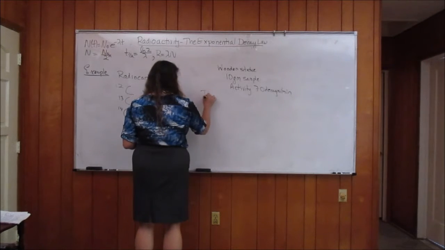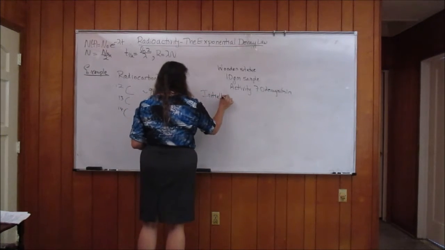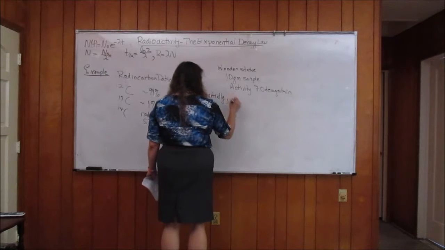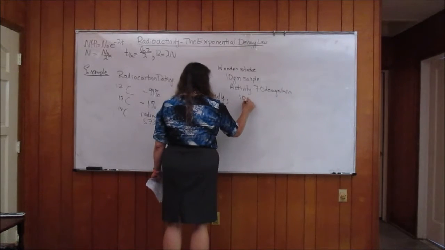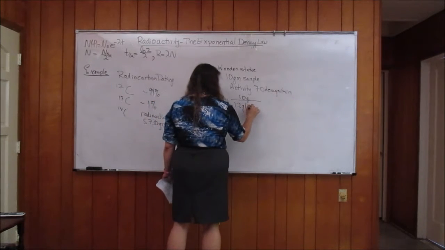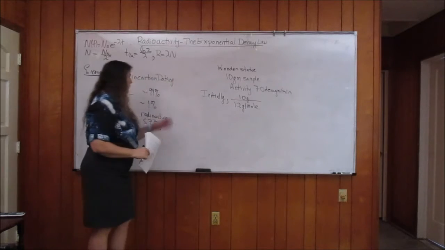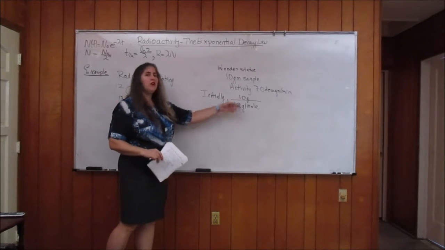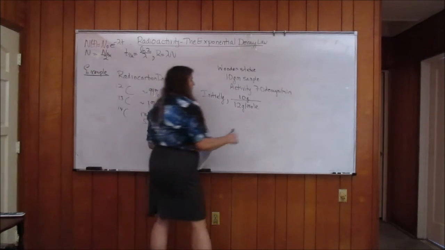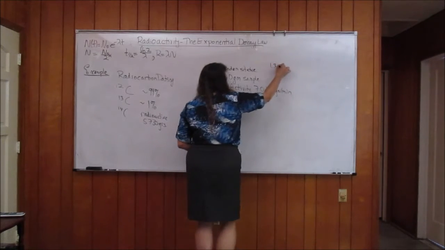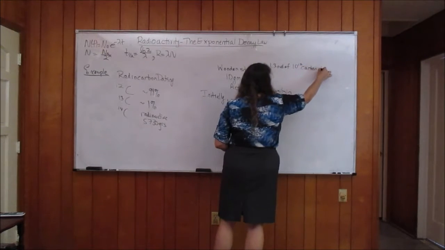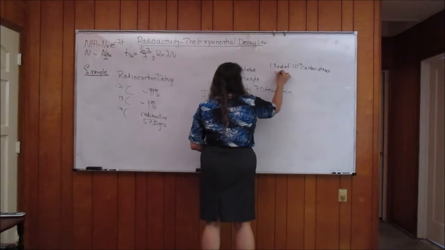So initially, and by the way, I'm assuming that the statue just has carbon-12 atoms in it and also just carbon-14. Well, 1.3 out of 10 to the 12 carbon atoms are carbon-14.